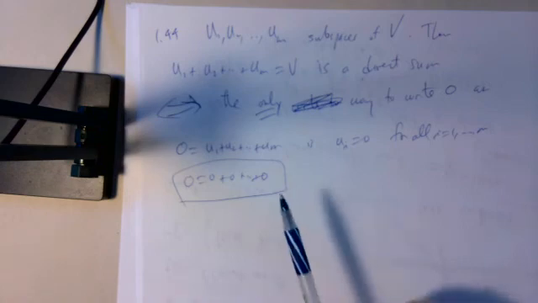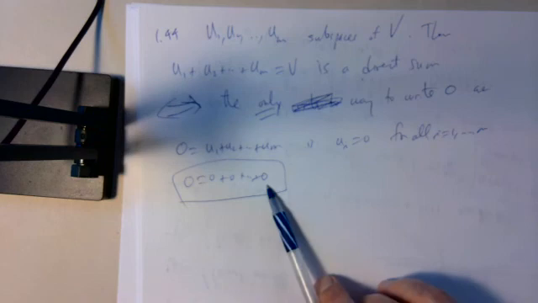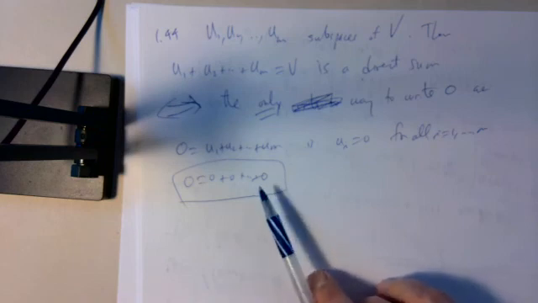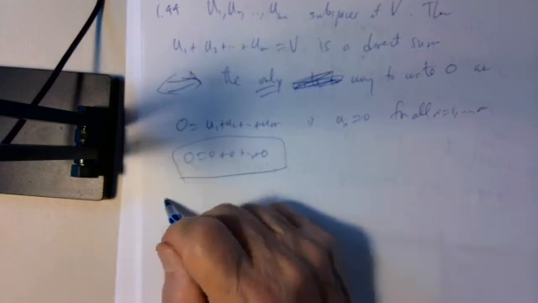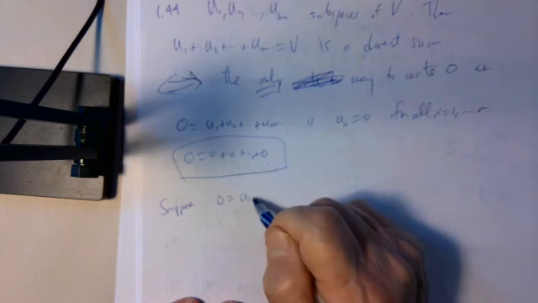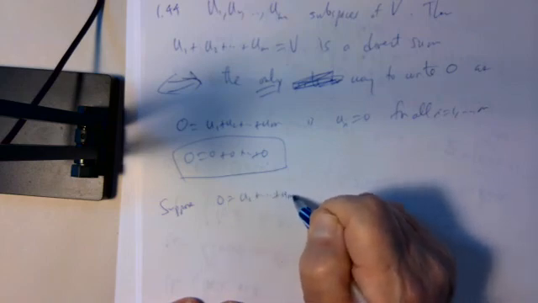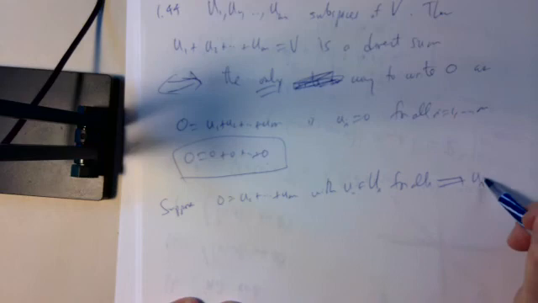So of course, if the sum is direct, then this is a representation of 0 and it has to be the only one. So it's only the converse that we have to prove. So let's say, suppose 0 equals U1 up to U sub m with U sub i in U sub i for all i implies U sub i equals 0 for all i.